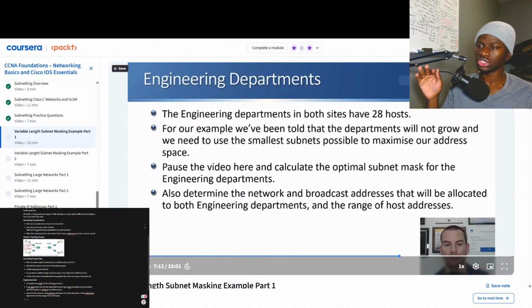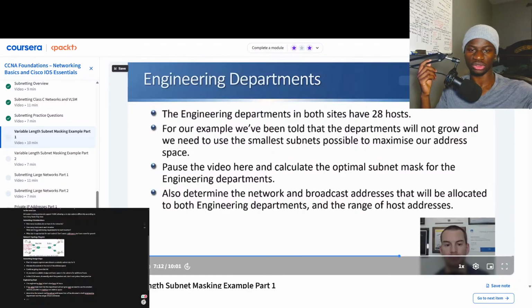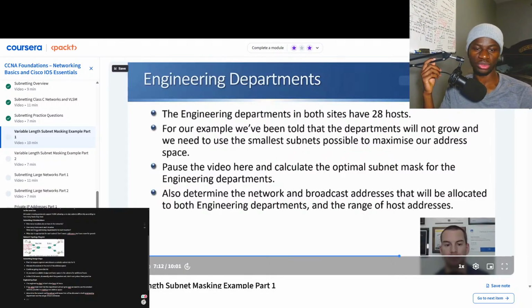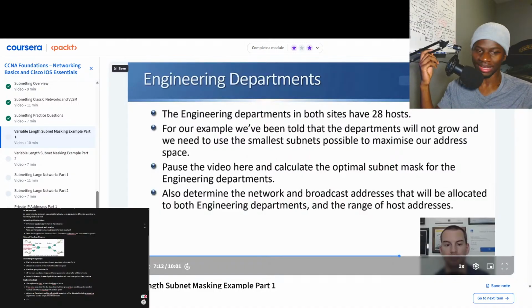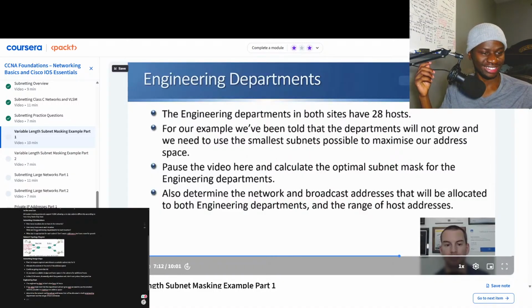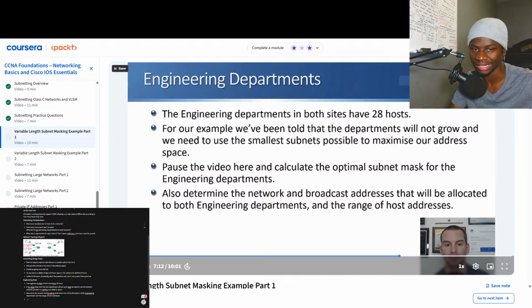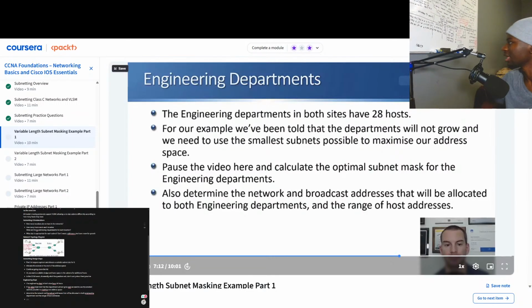Okay, so the engineering wants 28 hosts. All right, so that would be E wants 28. Now my drawing is really bad. I cannot do it digitally. Way too messy. It could get messy.